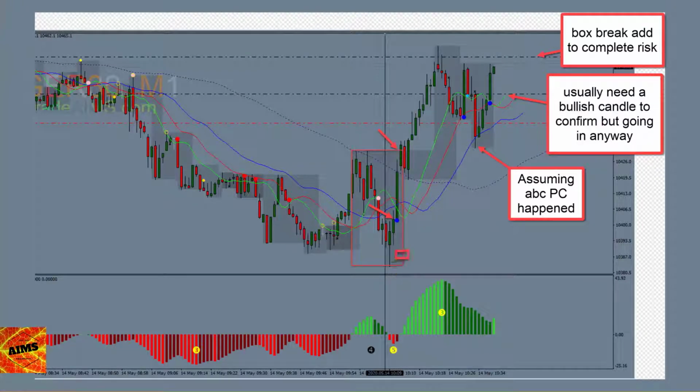A big box means one thing: there will be less energy left around these levels for price to penetrate it and go straight up.